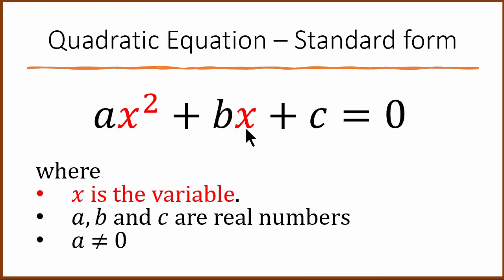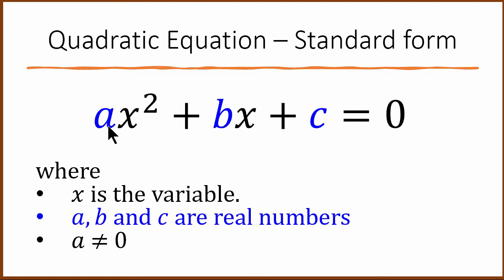We want to find the value of x. a, b, c are constants, shown in blue here. In other words, we know their values. They are also real numbers. And the only condition about the constants is that a should not be 0. So this is the standard form of a quadratic equation.